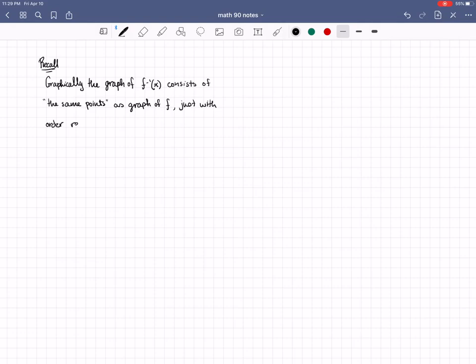So again, we see that same theme that f inverse reverses the role of inputs and outputs. What were inputs for f are the outputs of f inverse. What were the outputs for f are the inputs of f inverse.